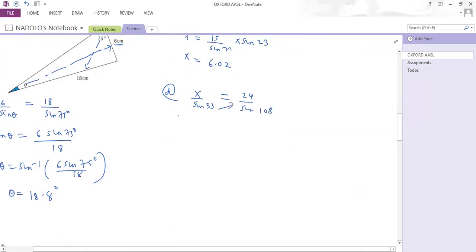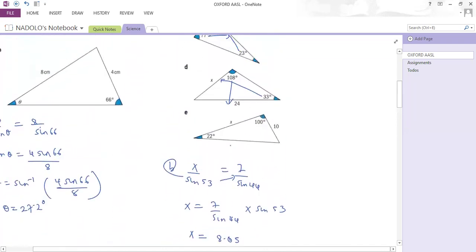For you to obtain x, you just cross multiply. You cross that sine 33 to the other side. This will give your answer using a GDC as 13.7. Any measurements given for D?